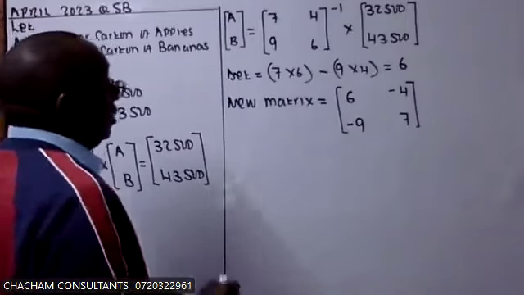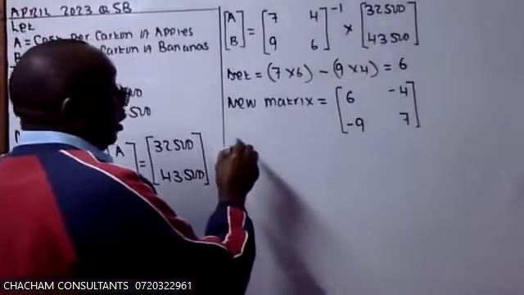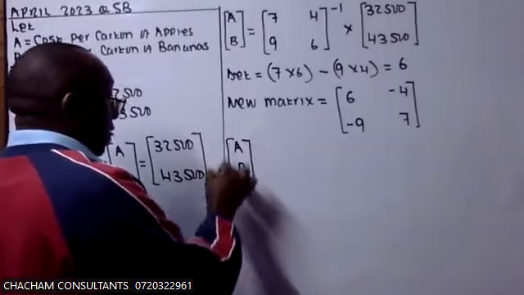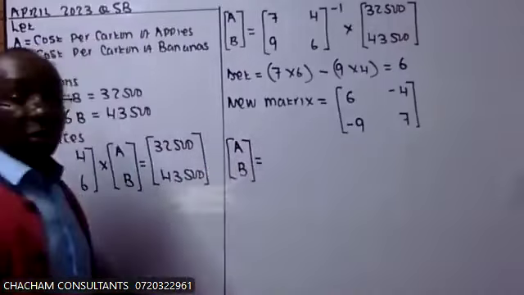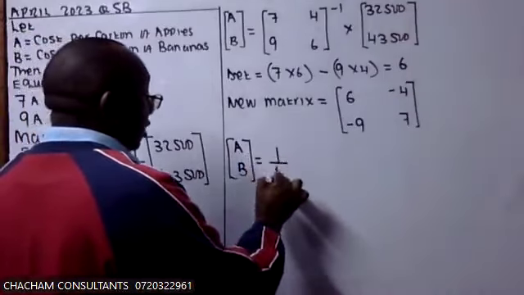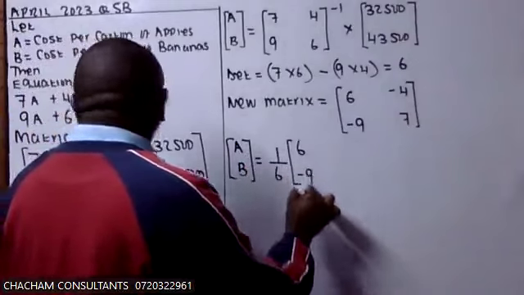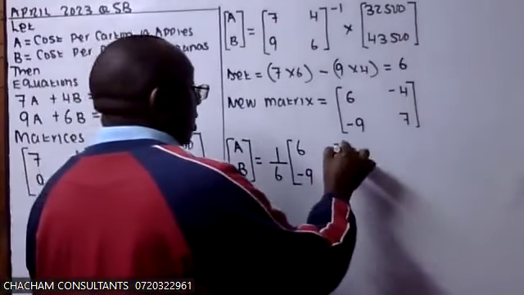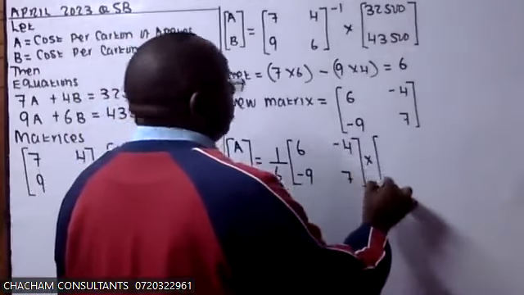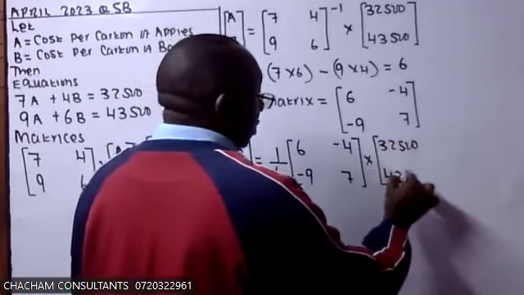From there, you now proceed on and say A, B should be equal to 1 out of 6. This is 6, this is minus 9. This is minus 4, this is 7. Times that 2,500, 43,500.